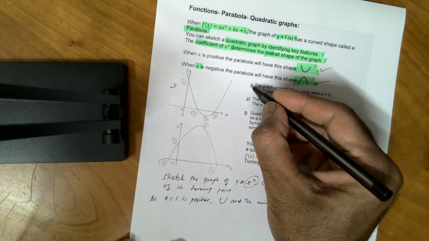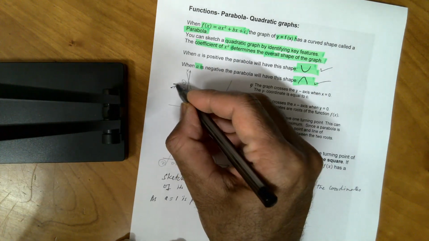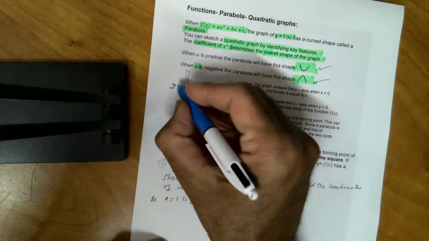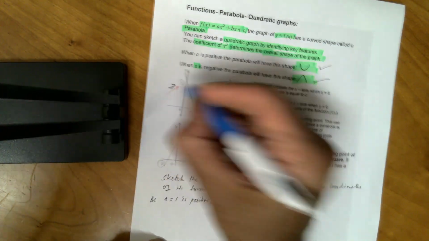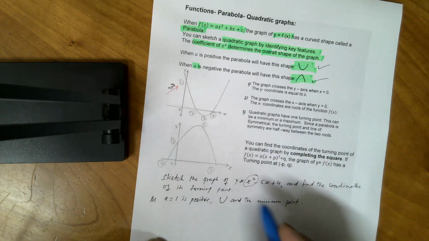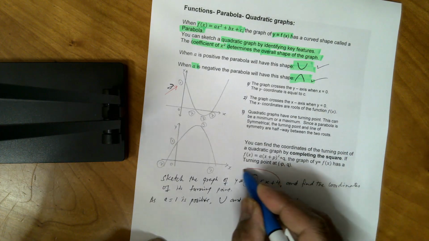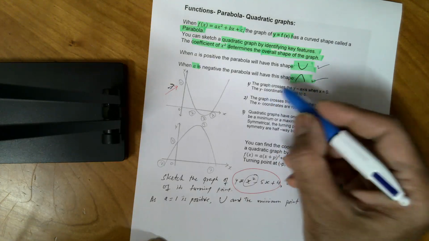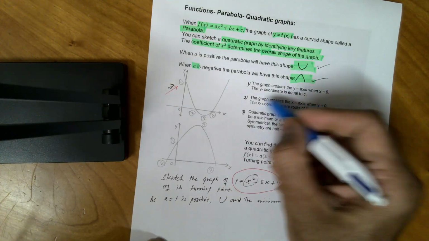What we basically do is put x equal to 0 in the equation, and then you get the y coordinate, which is equal to c.